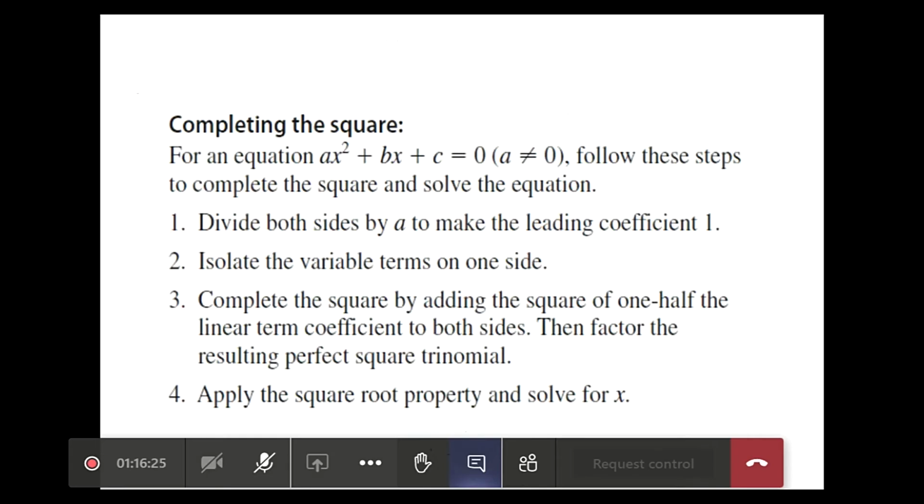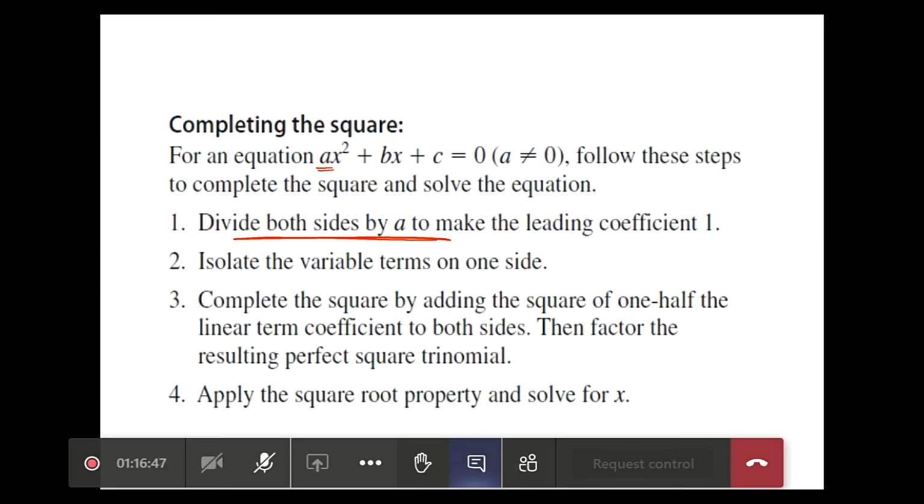Now, sometimes we need to complete the square. Completing the square means our steps. Firstly, we need to remove a, so divide both sides by a. All terms divide by a.